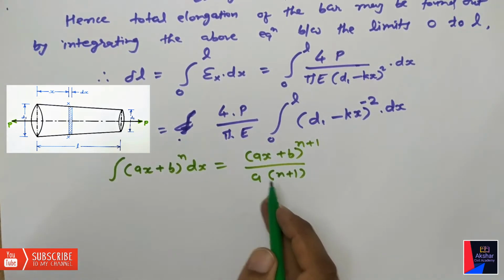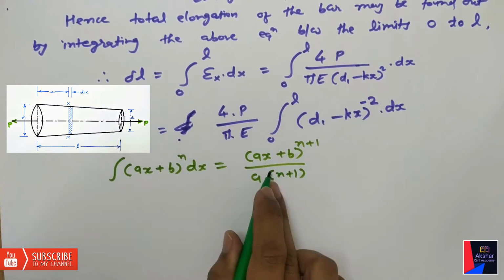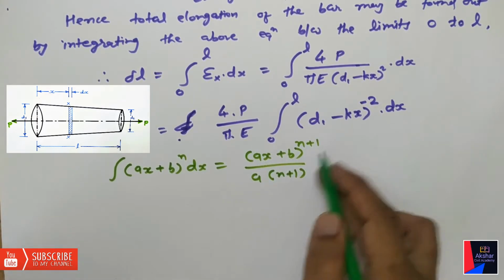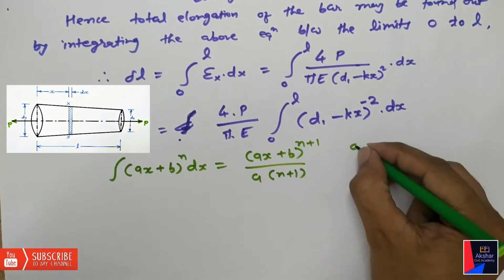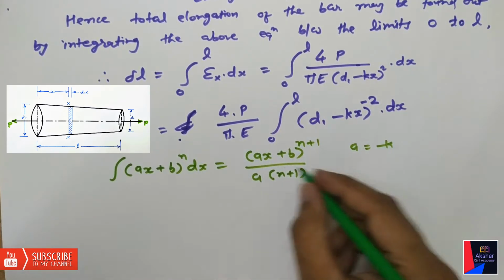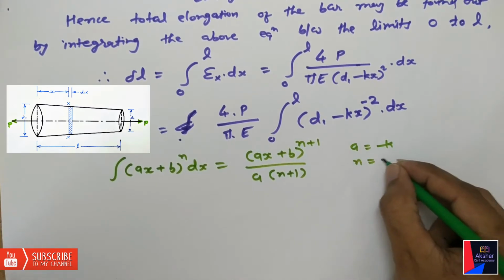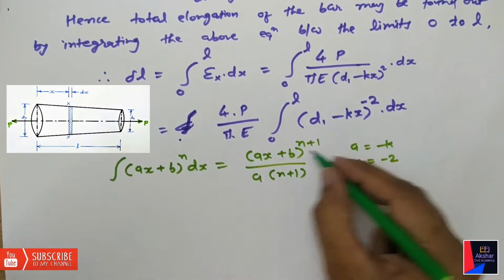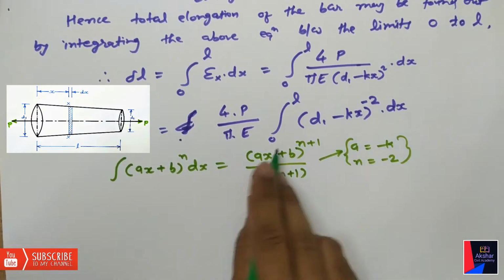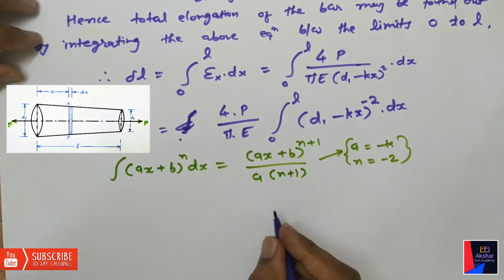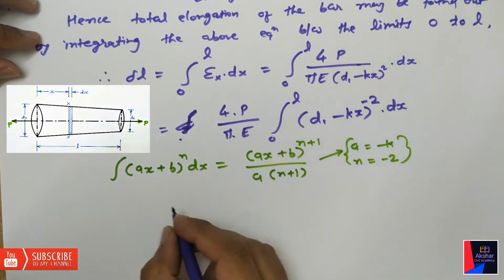That will be the integration formula. This formula can be applied here also. So here a is equal to minus k and n is equal to minus 2. By putting these in the formula, we can get the integration of this step.